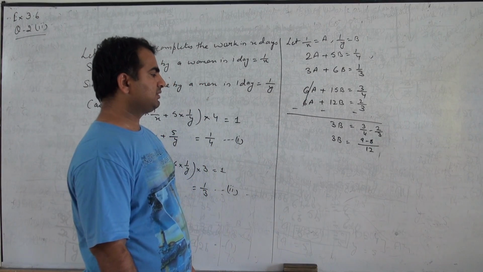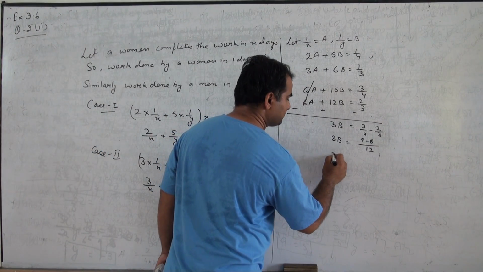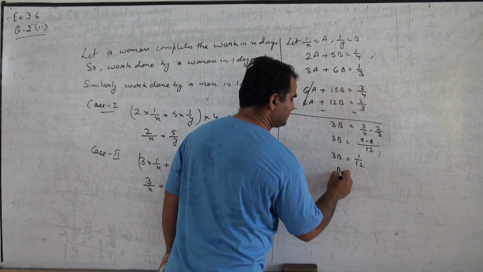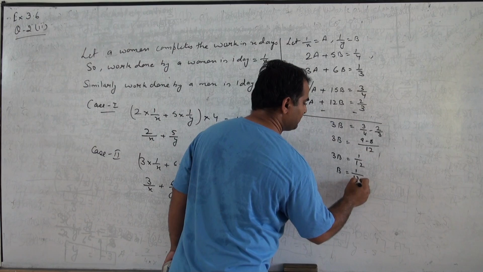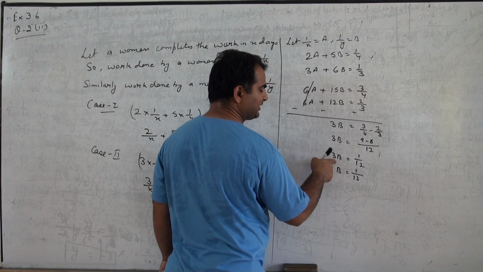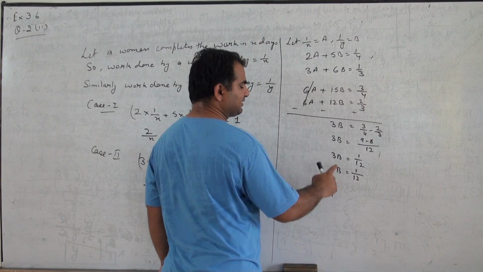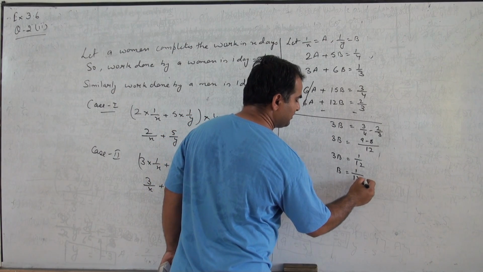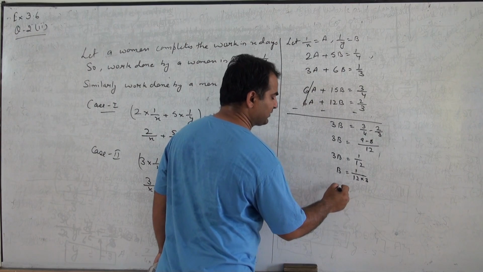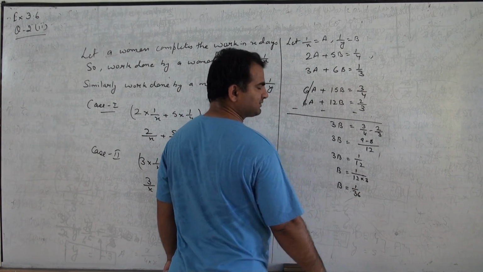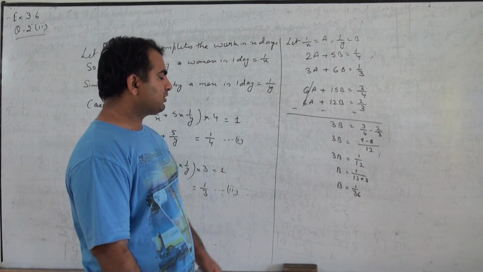So 3b equals 1 upon 12. This 3 is multiplied, so when we change its side, the sign will also change. It will be divided by 3. b equals 1 upon 36. Okay, we got the value of b.